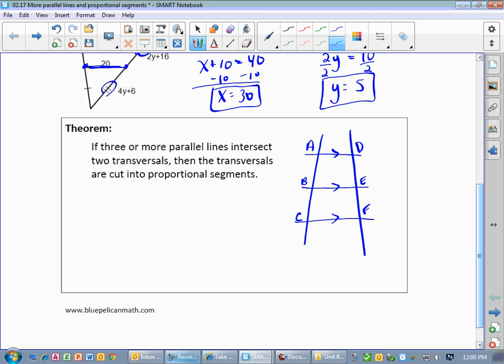In other words, the ratio of AB to DE equals the ratio of BC to EF, and that will equal the ratio of AC to DF.